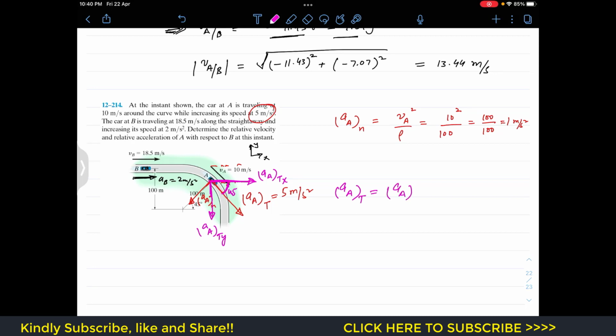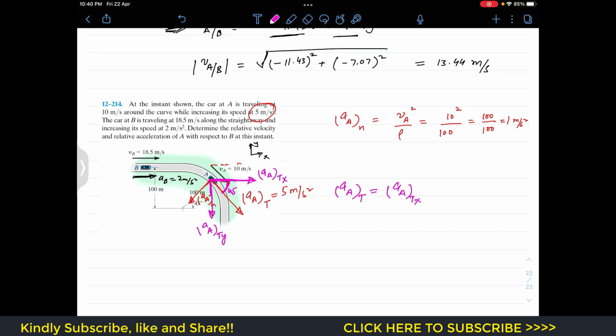This is AA tangential x, and as we can see, if this is our positive x and y, this component is acting in the negative y direction, so we will write minus AA tangential in the y direction. So this will give us the vector.